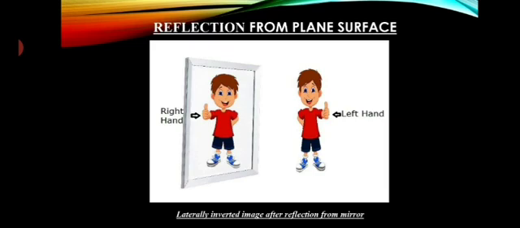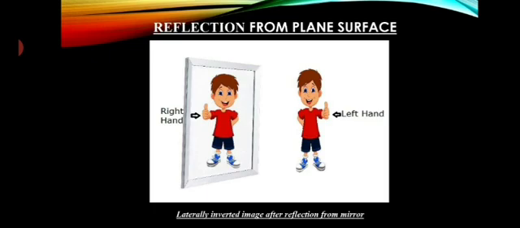Now what do you mean by a laterally inverted image? You obtain an image which is inverted horizontally. That is, your right hand appears to be left and your left hand appears to be right. Like here it is shown in the image, a boy lifting his left hand appears in the mirror as the right hand being lifted.